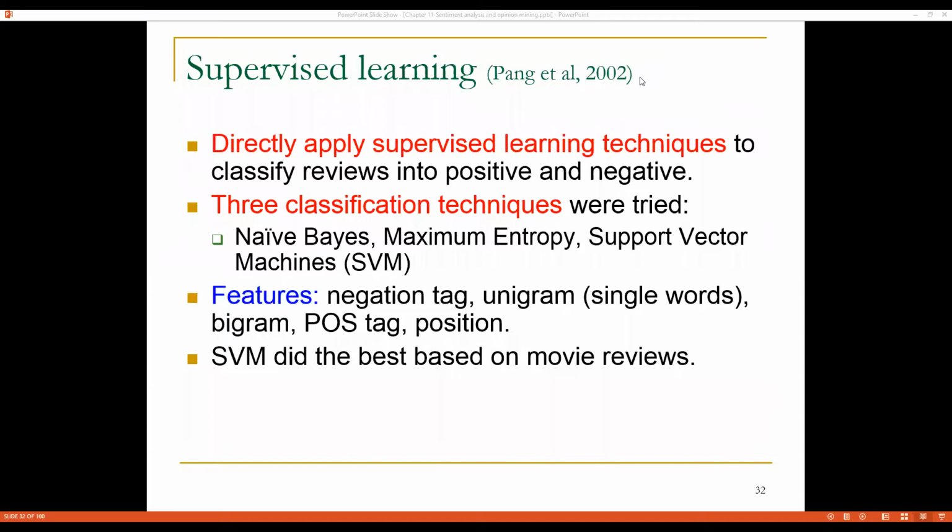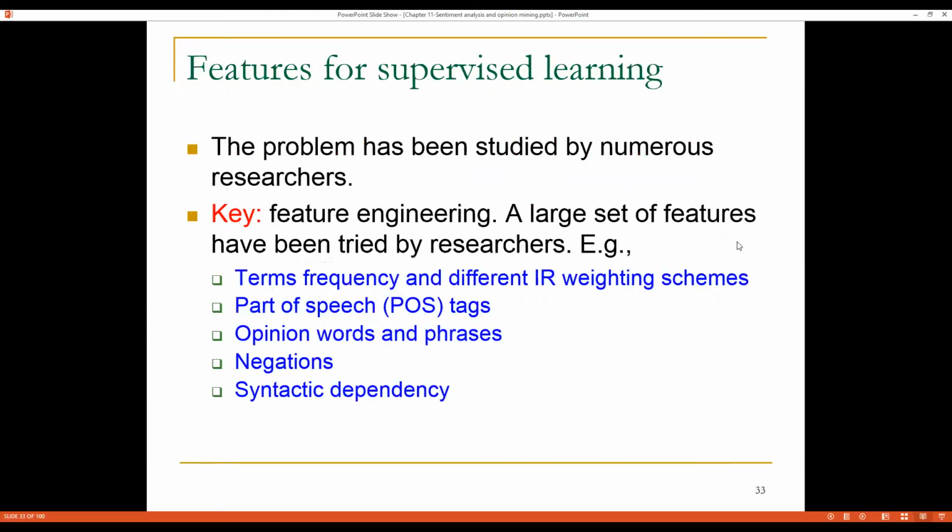Negation tag, unigram, bigram, part of speech tag, and position are all used as classification features. SVM did the best based on movie reviews. The problem has been studied by numerous researchers, and a large set of features have been tried.